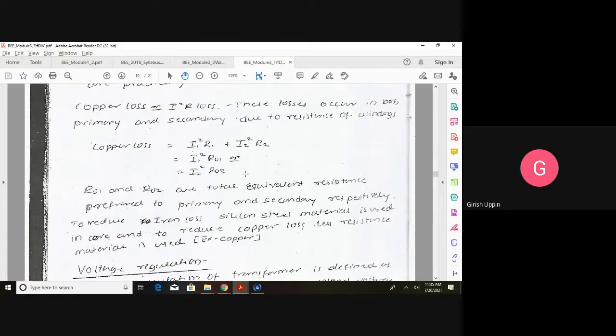As you keep on loading the transformer, the secondary current will increase and the copper loss will increase. Suppose you don't connect any load, the copper loss is zero because no current is flowing in the secondary. But the iron loss is the same whether it is no load, half load, or full load. The iron or core loss will remain constant. Copper loss will change according to the load.